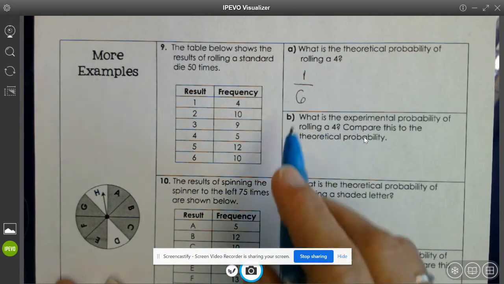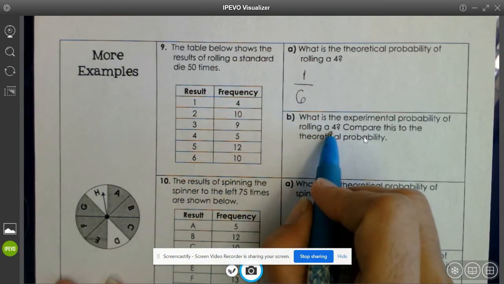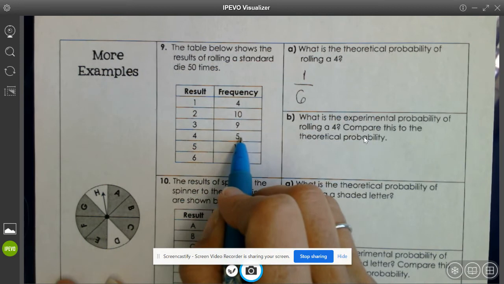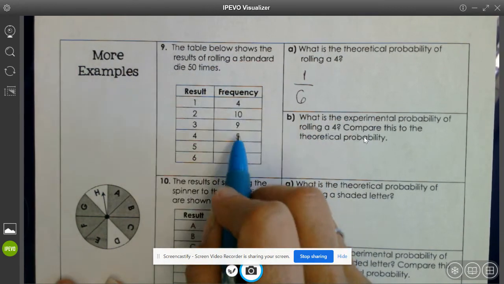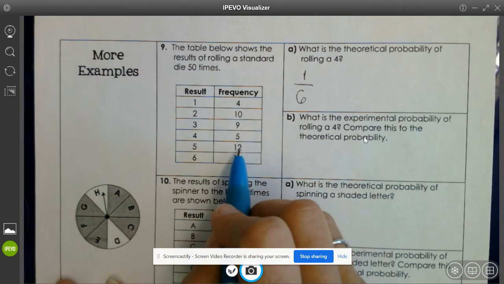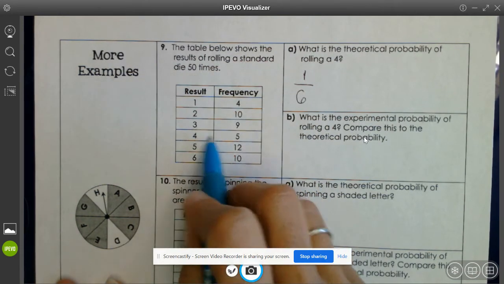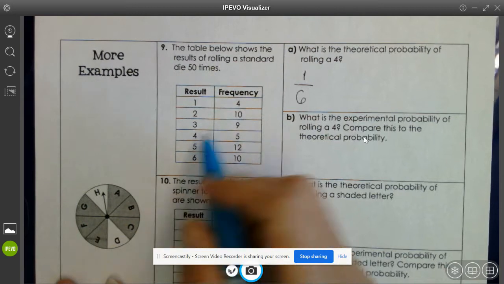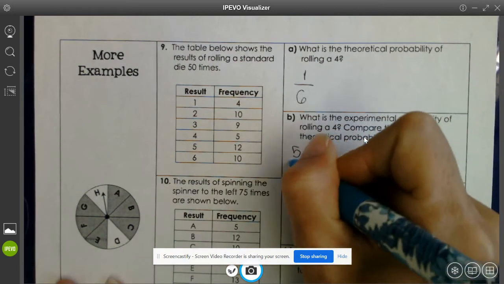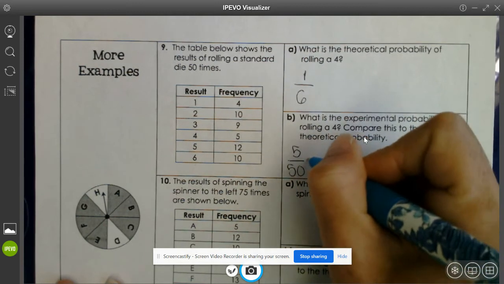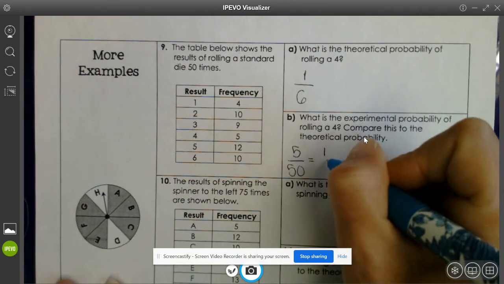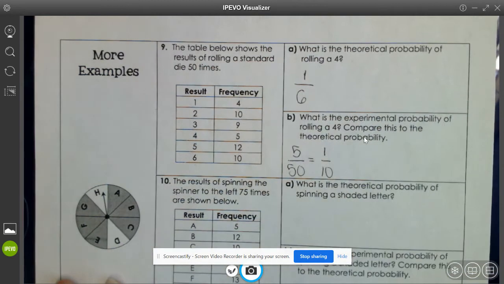So let's see how that looks. Rolling a 4, that would be 5 over 50, right? Because that's the times that you toss that die. So 5 times it fell on 4. So that's 5 over 50, which is the same thing as 1 over 10, because you are simplifying the fraction.